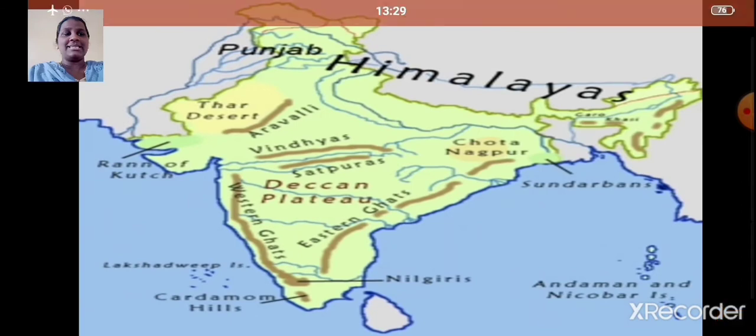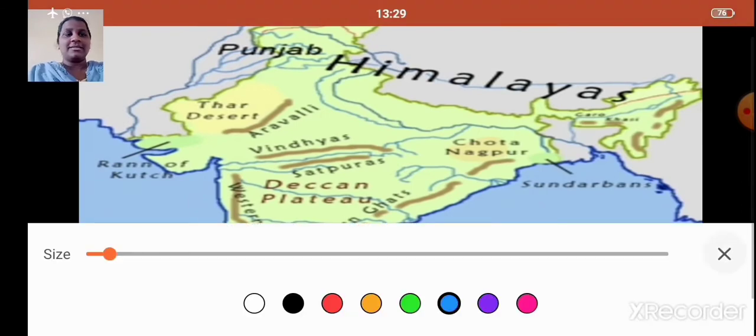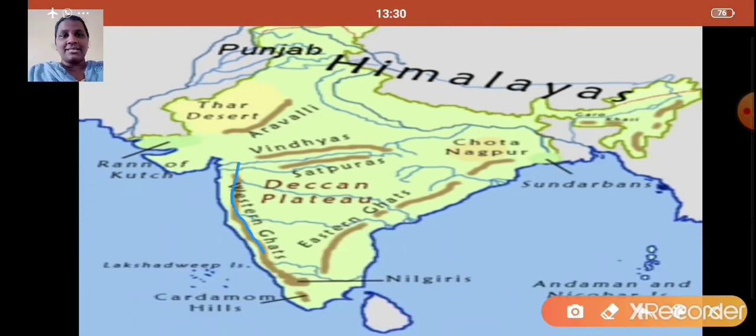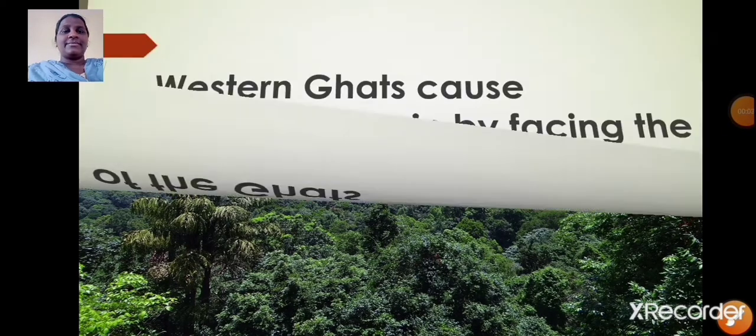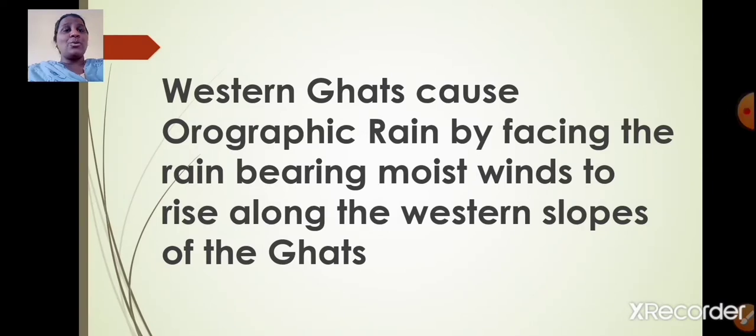Here you can see Western Ghats are continuous. This is the image of Western Ghats. Western Ghats cause orographic rain by forcing the rain-bearing moist winds to rise along the western slopes of the Ghats. Now let us try to understand how does Western Ghats cause orographic rain.